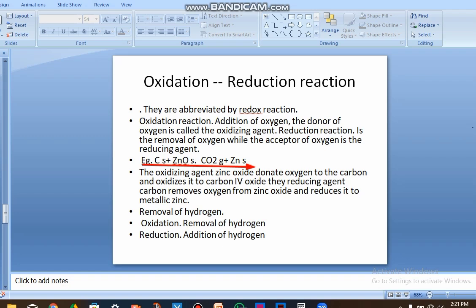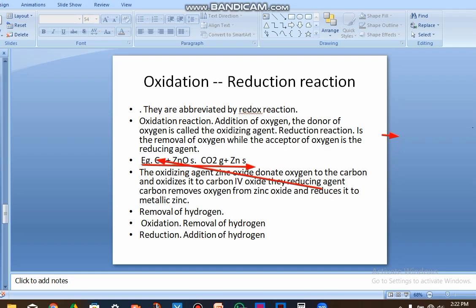If you see this type of question in your JAMB and they ask you to identify the oxidizing agent and the reducing agent, look at the definition. I said the oxidizing agent is the donor, isn't it? The one that is donating the oxygen, isn't it? So here the oxidizing agent is the zinc oxide.